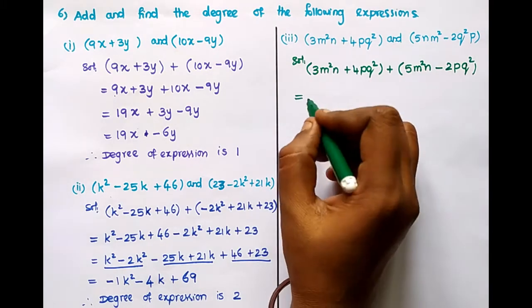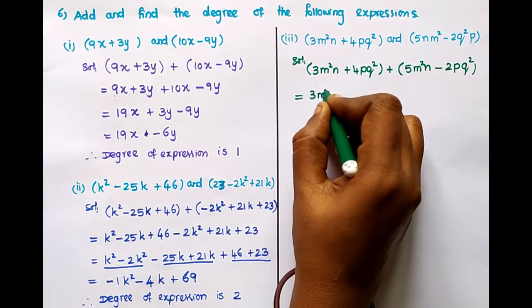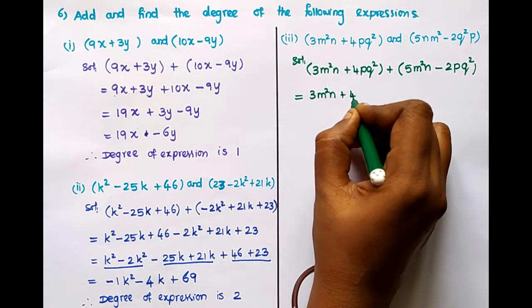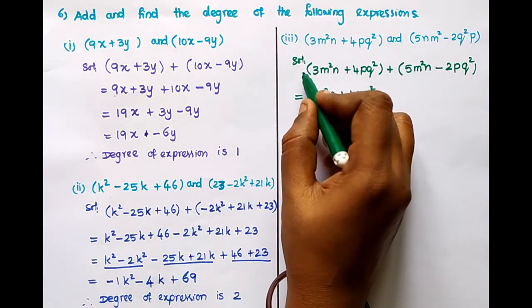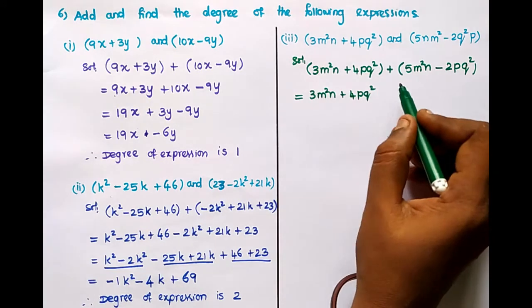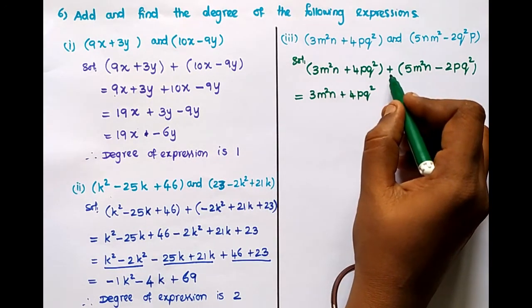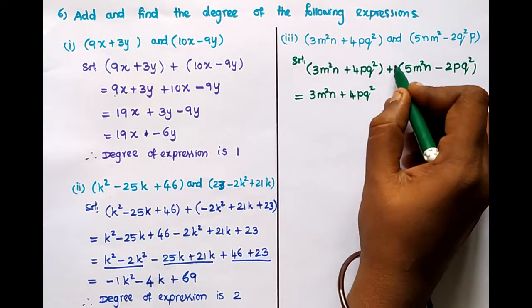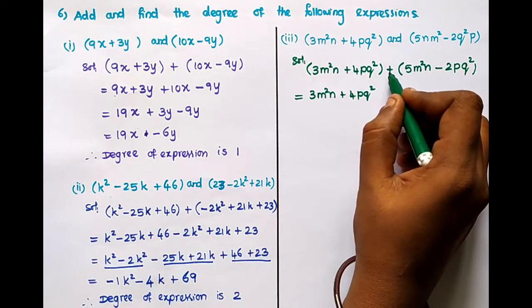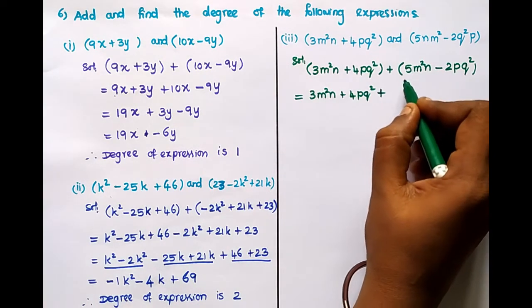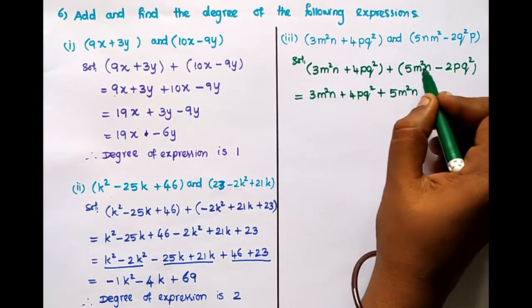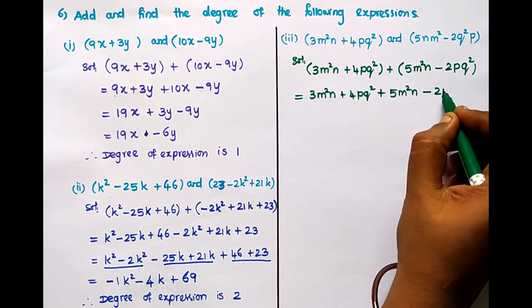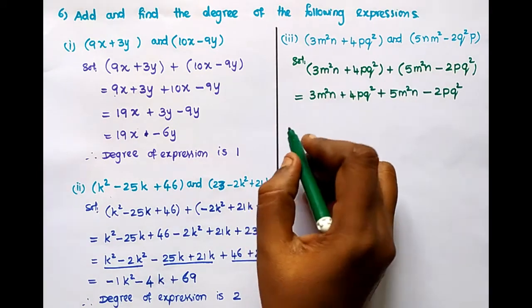Next, remove the bracket. 3m squared n plus 4pq squared, write down as it is, because in front of the bracket nothing is there. And here plus is there, so plus is multiplied with what is inside the bracket. So plus into plus, plus 5m squared n, and here plus into minus, minus 2pq squared.